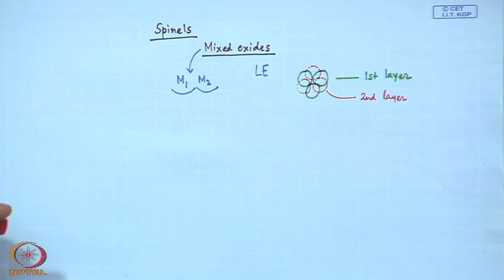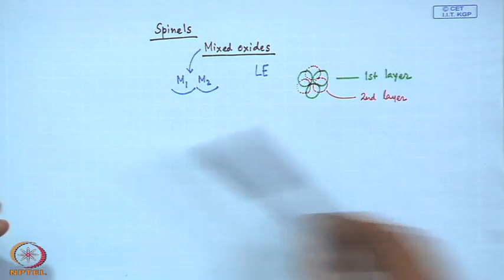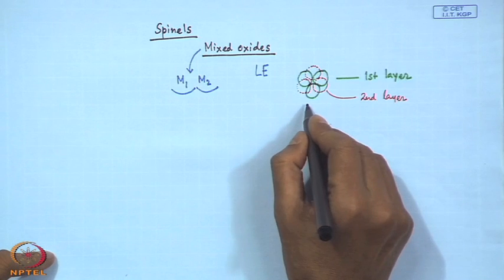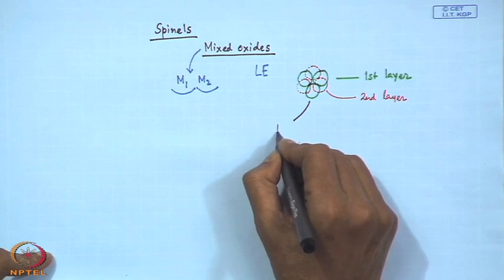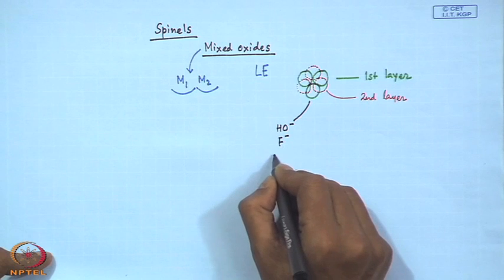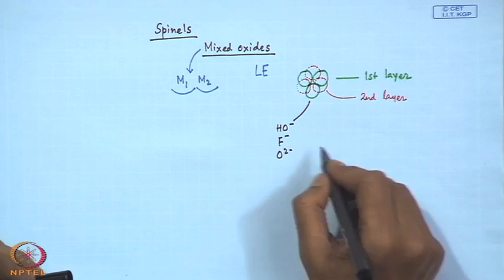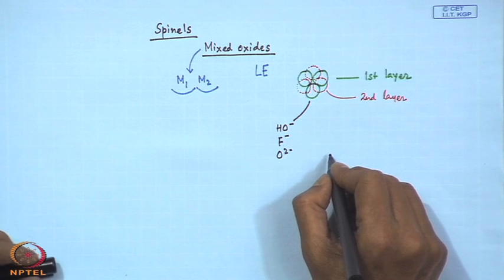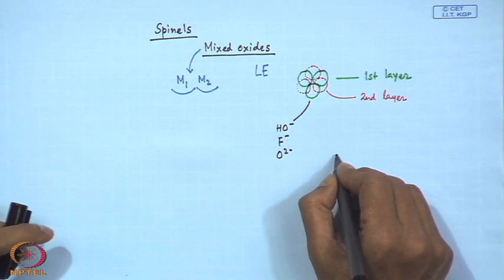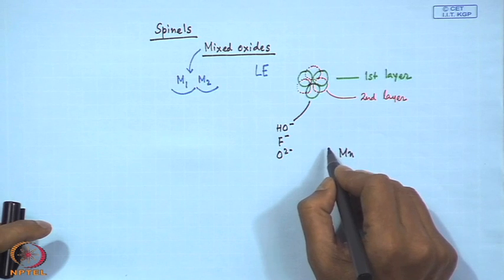So, whenever we have a close packing of these spheres, these spheres can be simple HO minus, F minus or O2 minus. This is very much similar to a particular metal complex, say manganese forming.